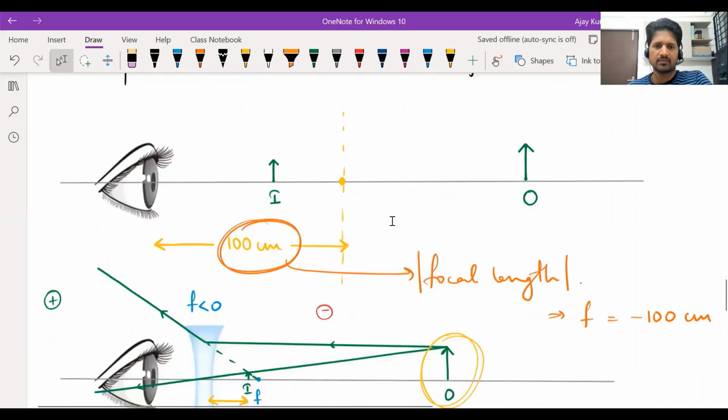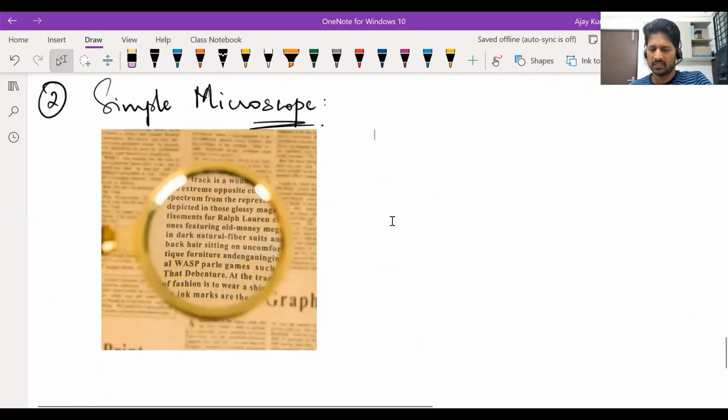Okay. So see, imagine reading something through a magnifying glass. Obviously, what you see is the image of the letters. You don't see the letters directly when you see through the glass. Only refracted light will enter your eye. So you are seeing the image.